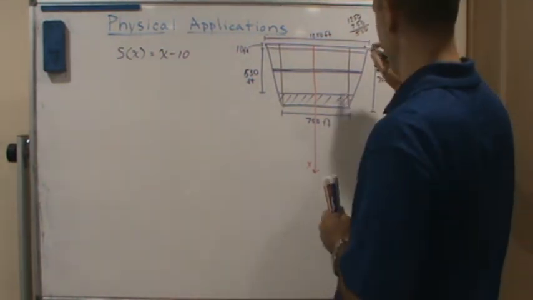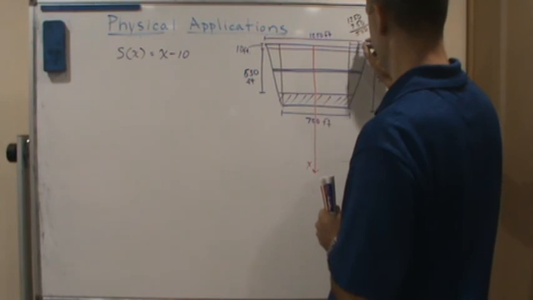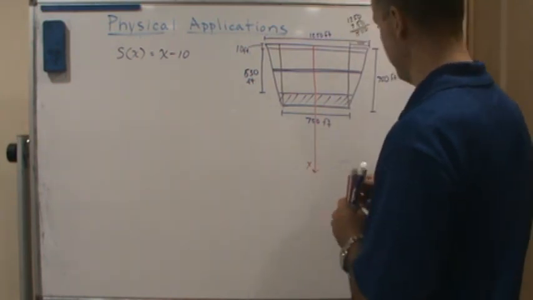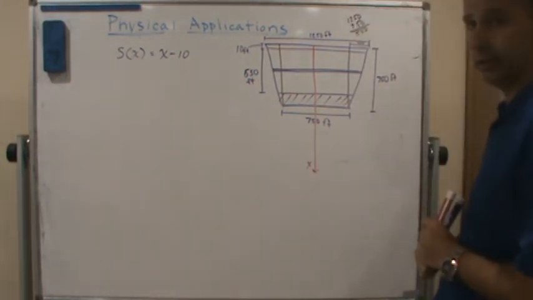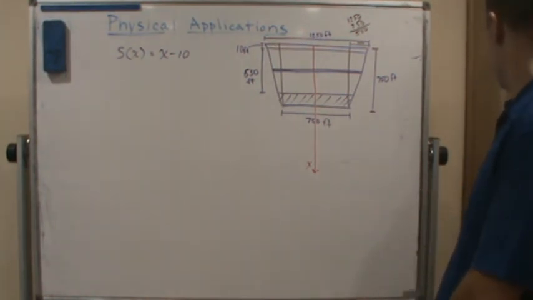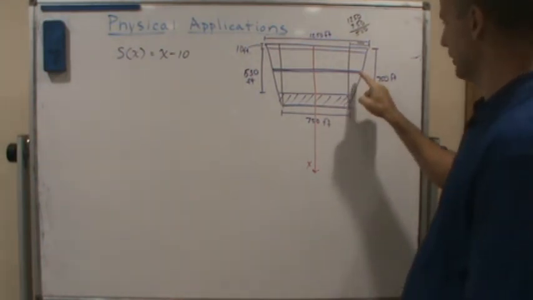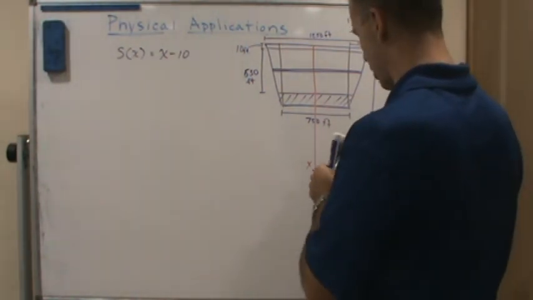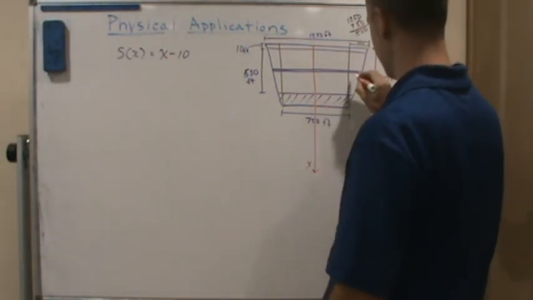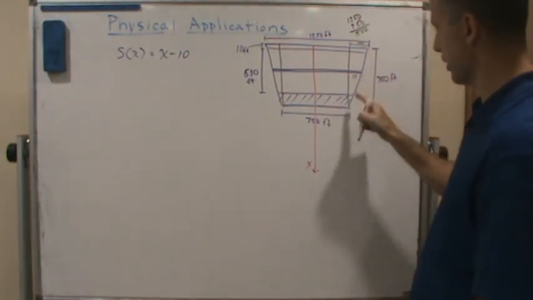And so I know this distance here is 250 feet, right? Sorry. So what I'm going to do is use similar triangles to figure out what this is, because I'm going to call this side of this smaller triangle A, because what I did was I created similar triangles again.